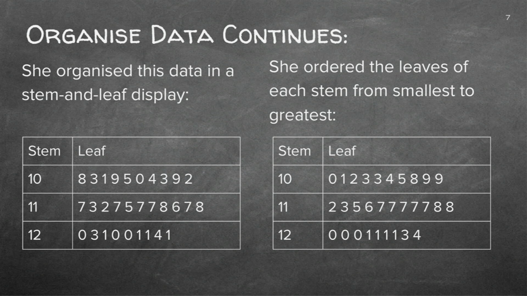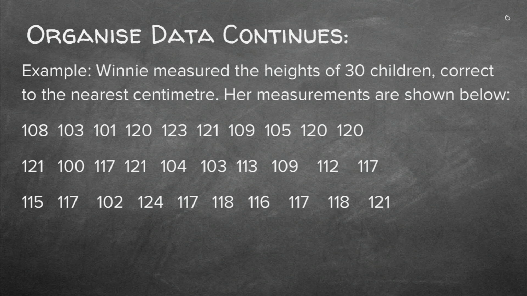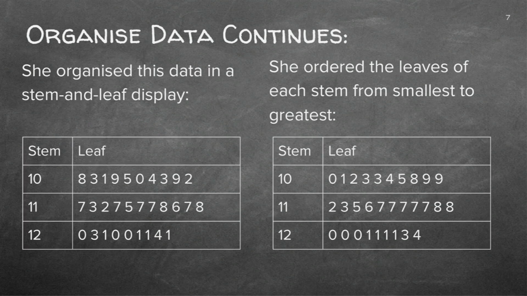Remember we said the last digit will form the leaf, and the first two will form the stem. So there's 10 and the last is 8. If there's 103, it's 10 and 3. 101 is 10 and 1. This is how we organize that.